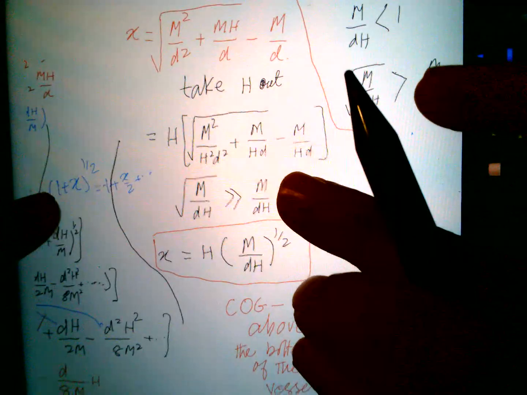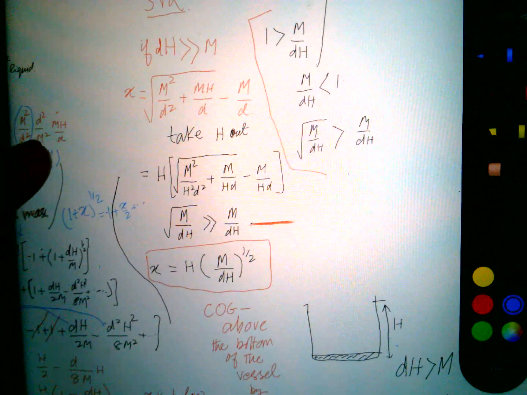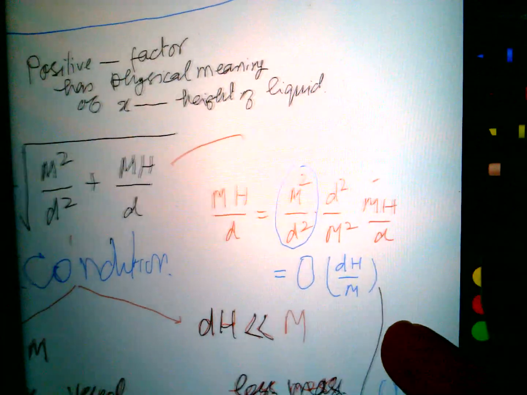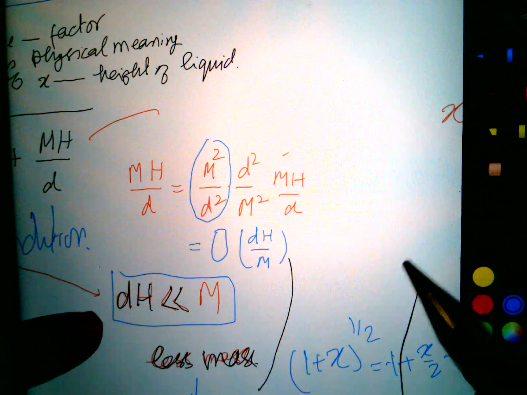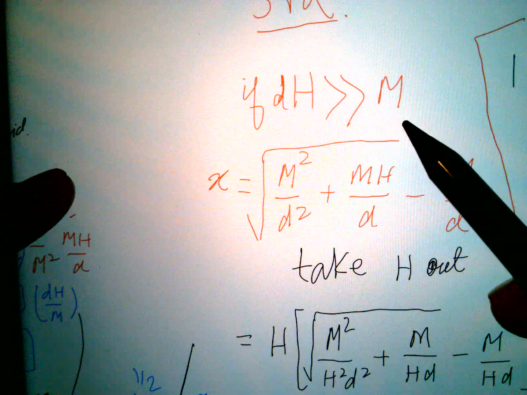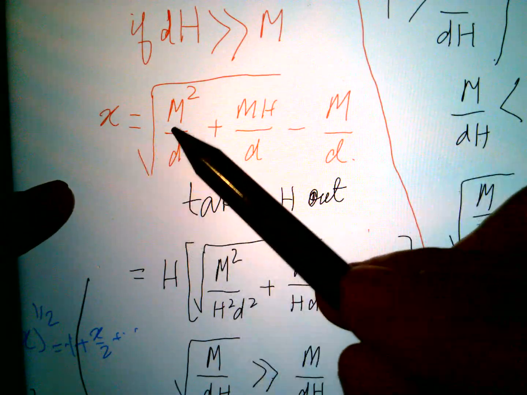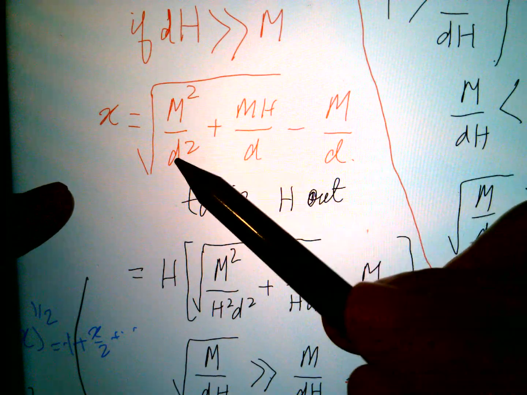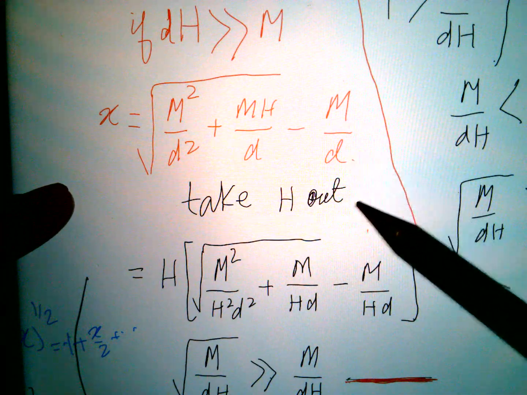Third, the next one is dh is greater than m. If it is greater than m, then x is equal to the square root of m square over d square plus mh over d, minus m over d. Take h out.